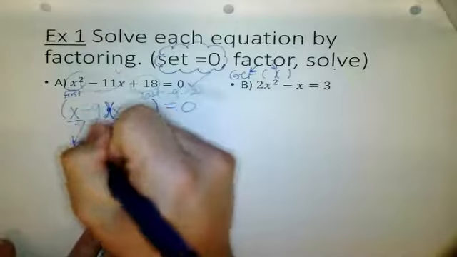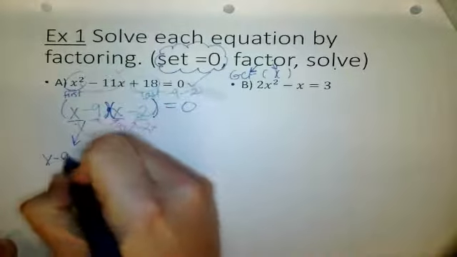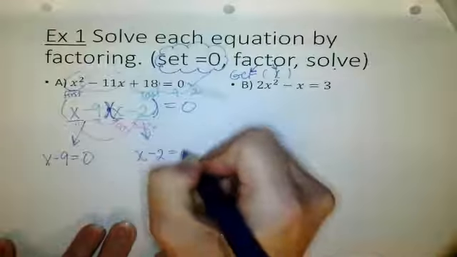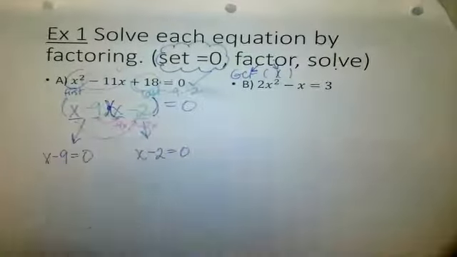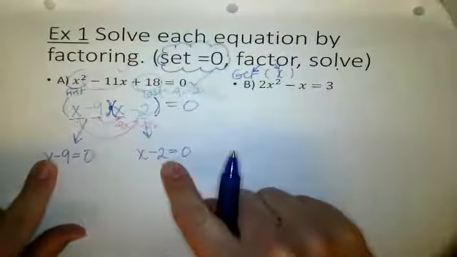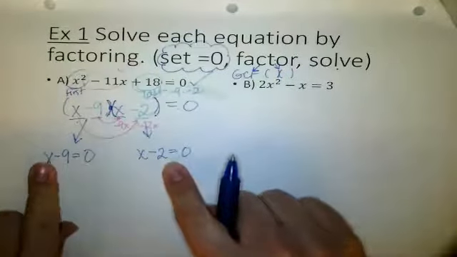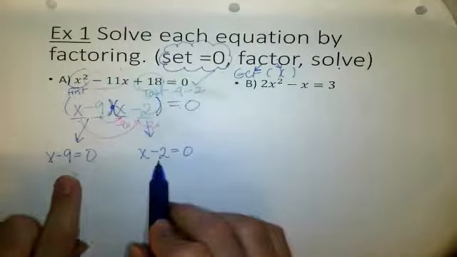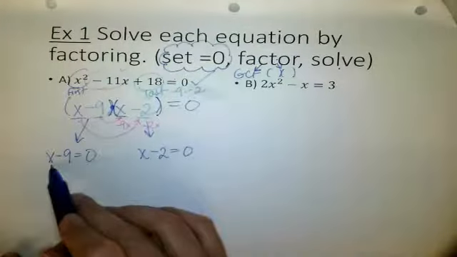So what we're going to do is set each bubble equal to 0. That's what the zero product property tells us: if the product is equal to 0, then either part could be equal to 0, and it would make the whole equation 0. So I set each bubble equal to 0, and I can solve for x.